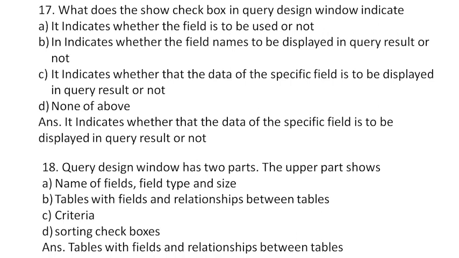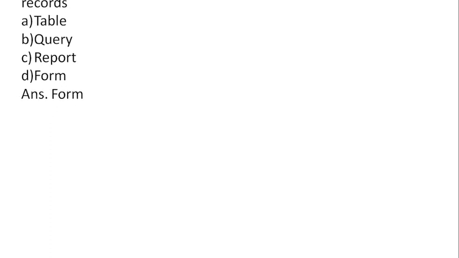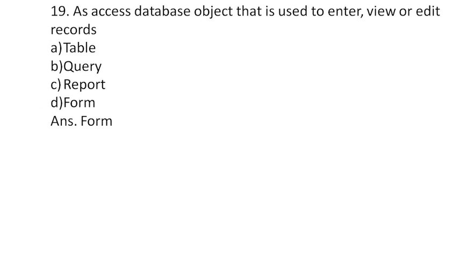query design window has two parts. The upper part shows, answer দেখতে পাচ্ছি বলছে tables with fields and relationships between tables. Next, as access database object that is used to enter, view or edit records. Answer holo form.